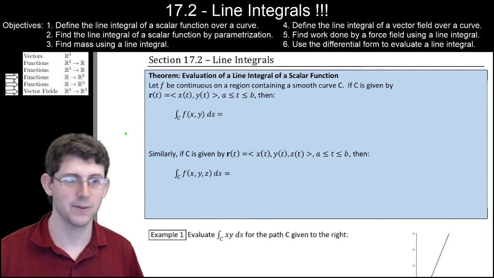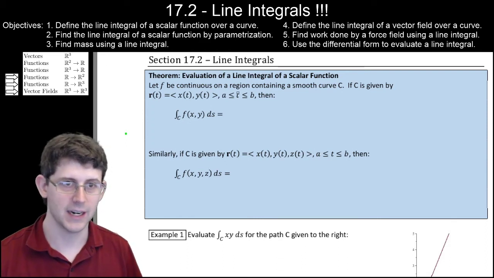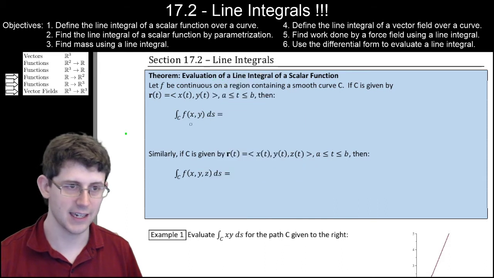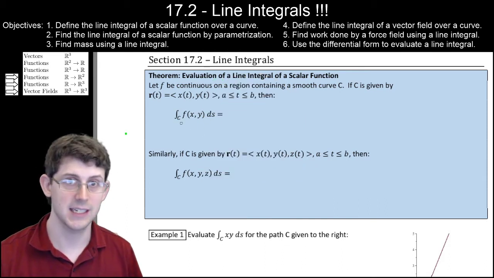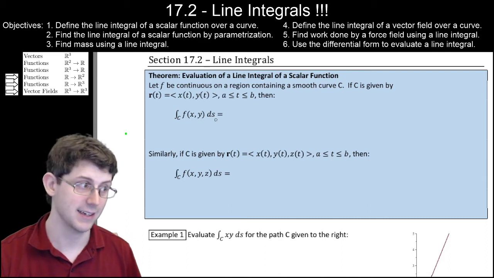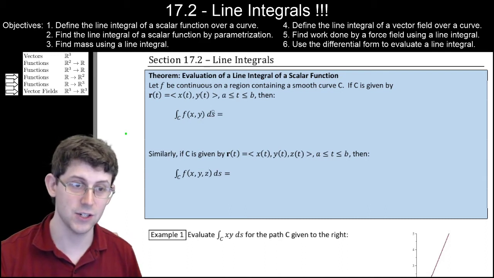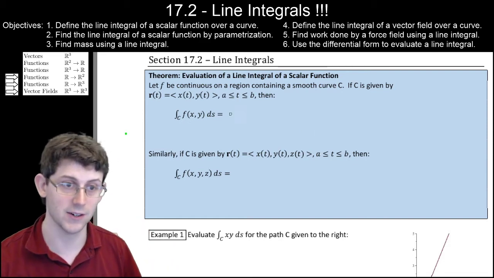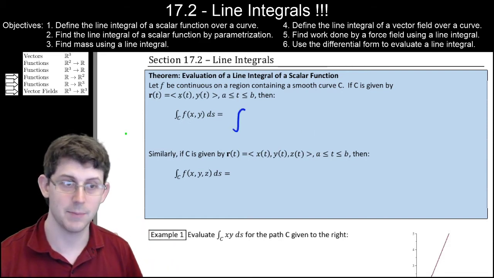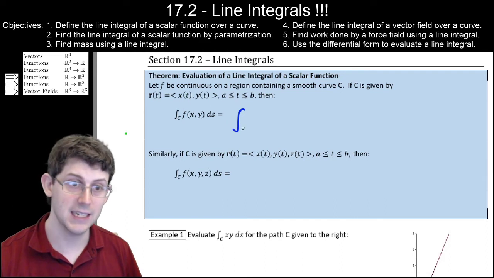Okay, so let's just write down what the line integral actually is. What I mean by the integral over the curve C of a function, ds, is, well, I have to turn ds into the right form so I can actually do the integral. And how I do that is I parameterize the curve. That gives me t bounds, so I'll get t bounds and it'll be a t integral.